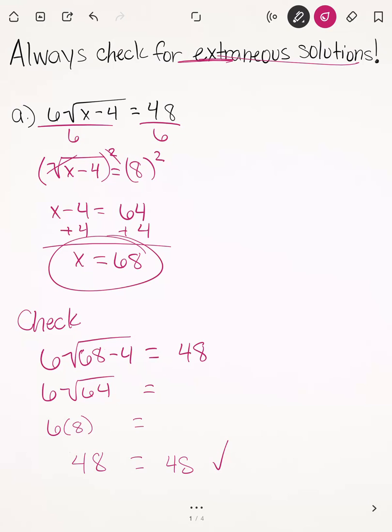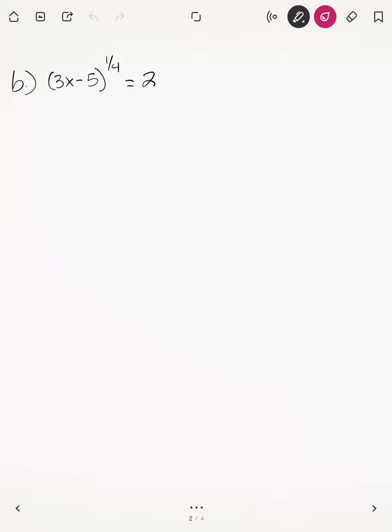Looking at our second example, it is now with a rational exponent. Same process. You have two different options if you want to go about this. Both options get you the same answer. Option 1, you switch it to radical form: the fourth root of 3x minus 5 equals 2. Option 2, you leave it alone. It doesn't matter.